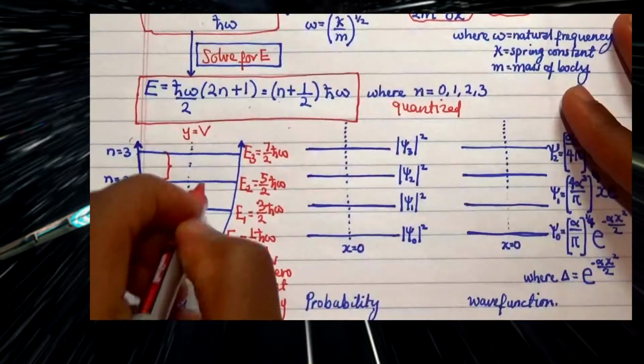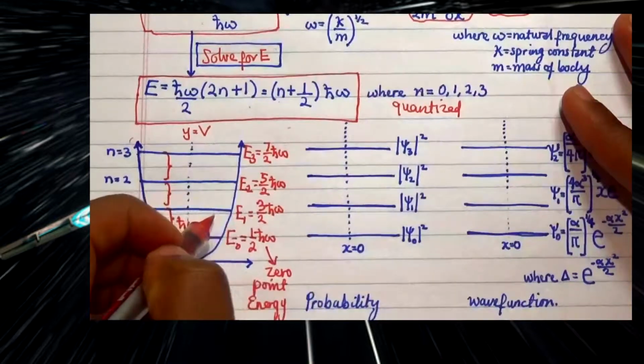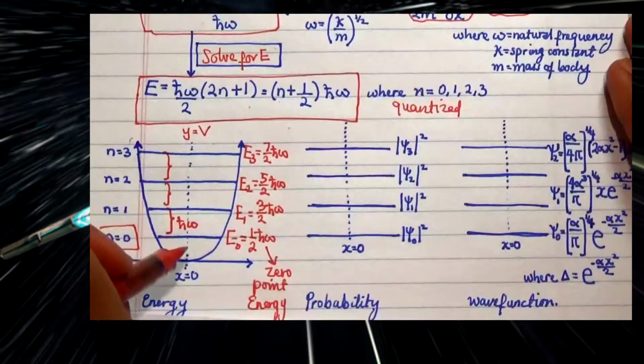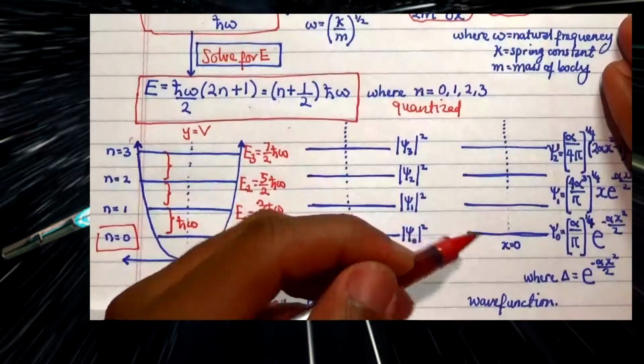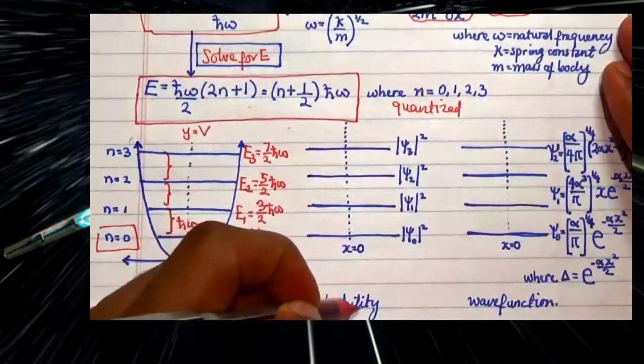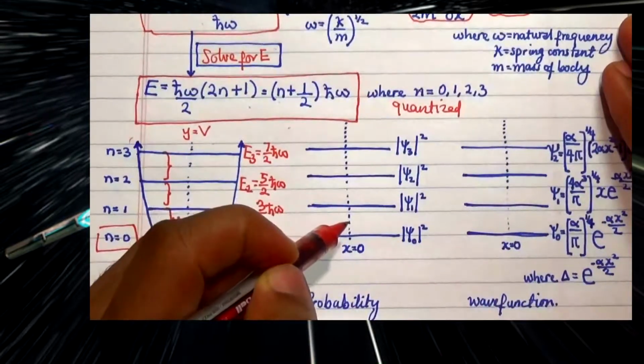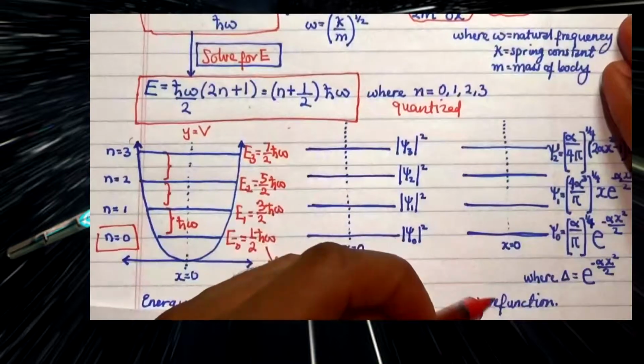So once you're able to do just that, let's look at how we can define our probability density, which is determined from our wave function.